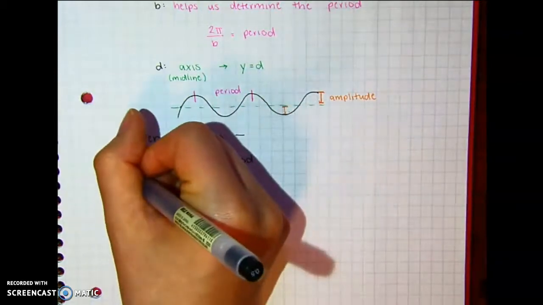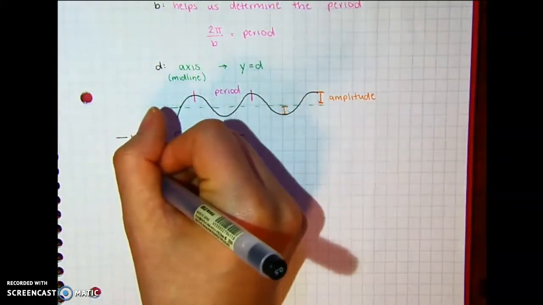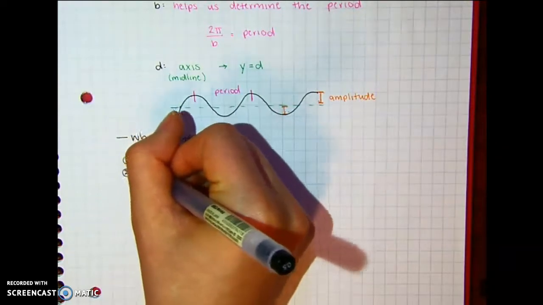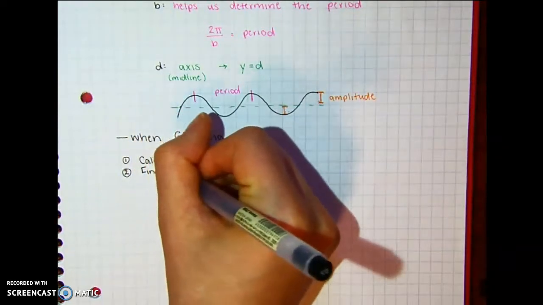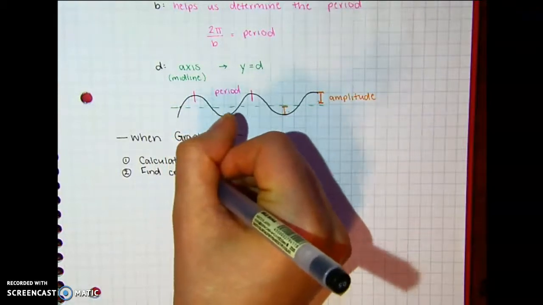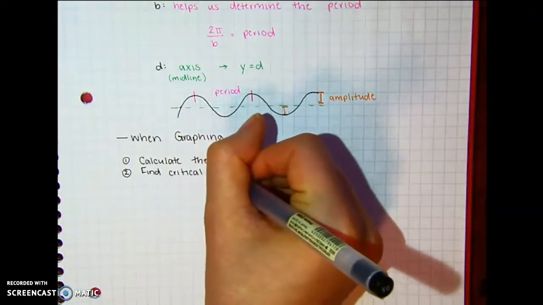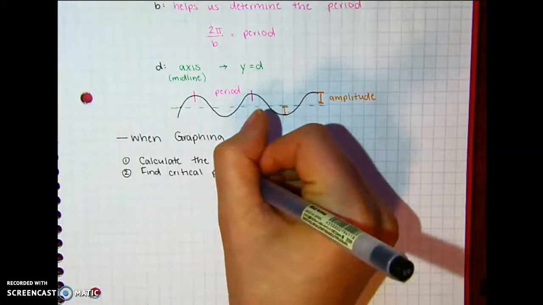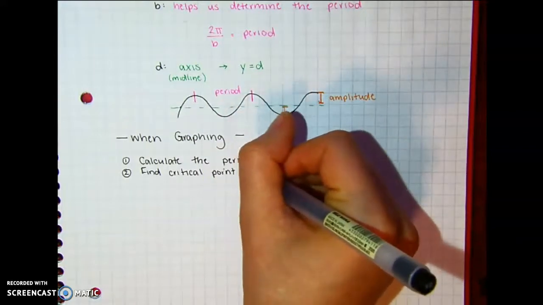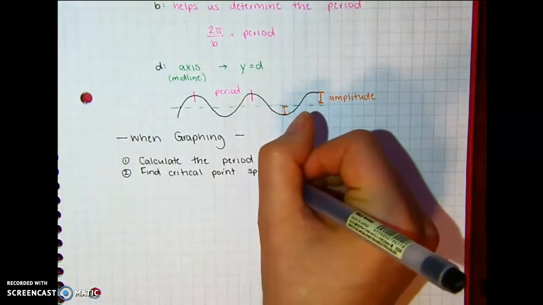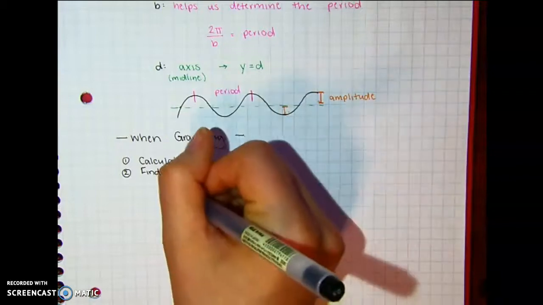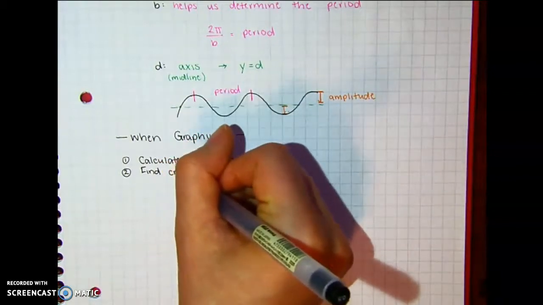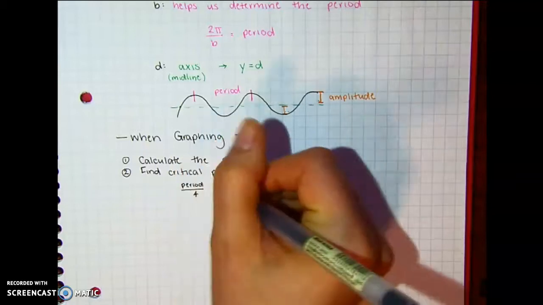You want to find your critical point spacing. To do that, it's going to be whatever your period is, divided by 4.